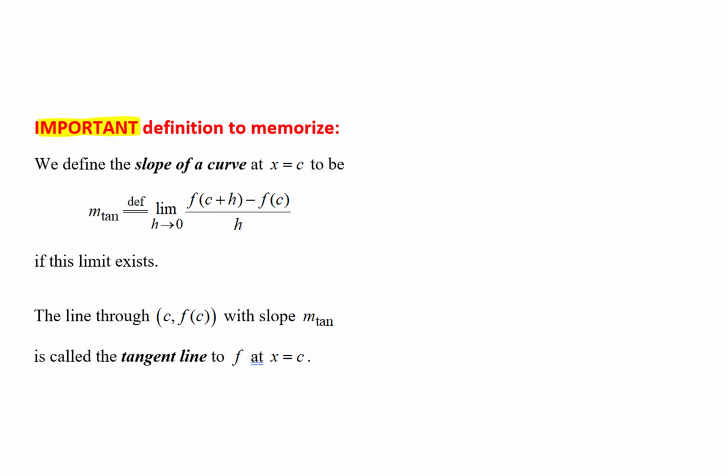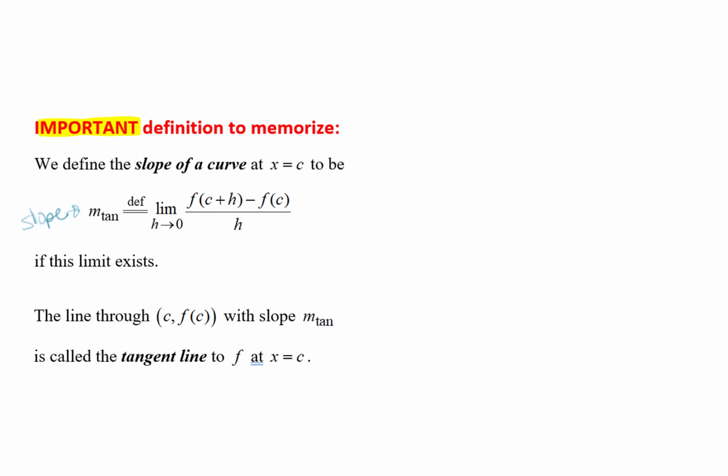Okay, so the definition says we define the slope of a curve at x equals c to be this statement here. So this is m for slope. And then down below it explains what the tan means, but m tan is defined to be... And then what we have over here on the other side is a limit.